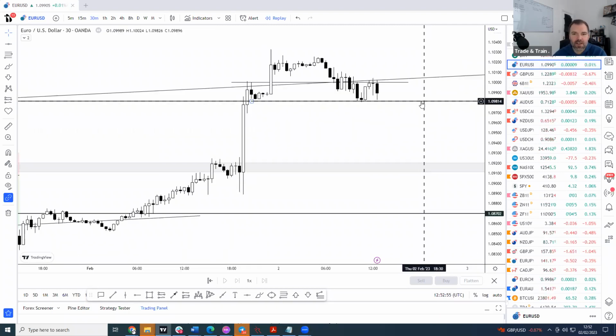I really do like euro short underneath this area, but unfortunately with the news, I don't think it's going to work. I've got an order sat there, but if it doesn't trigger, I don't want to get slipped.